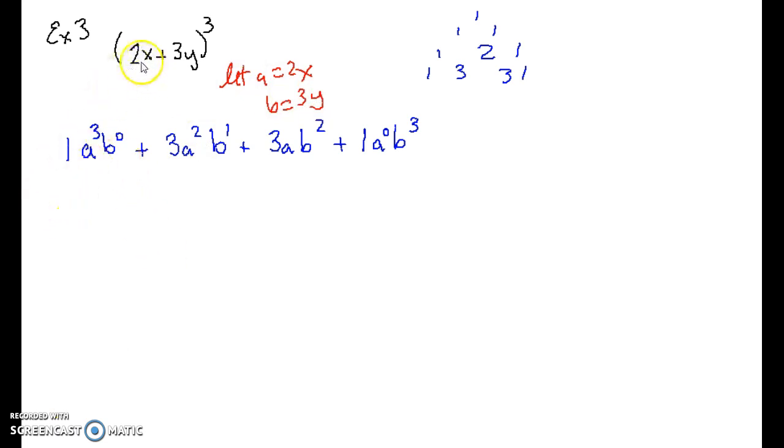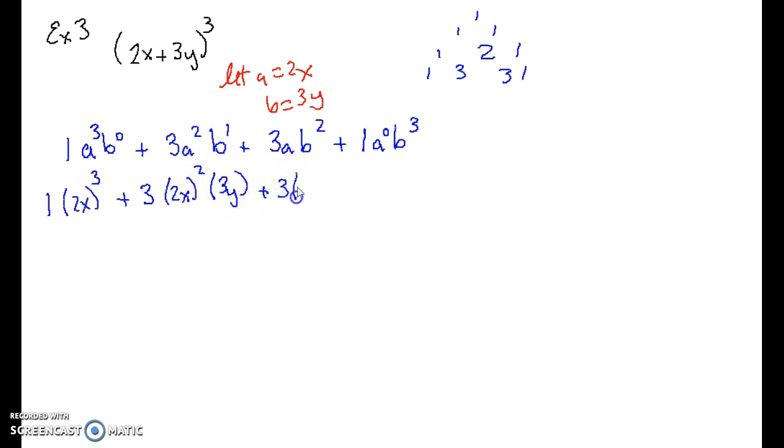So this one you have to be careful about because you not only have to raise x to the third power, but you also need to raise 2 or 3 to those powers. So this will be 1 times 2x cubed, and then plus 3 times 2x squared. Oops, almost forgot the b. And then 3y.